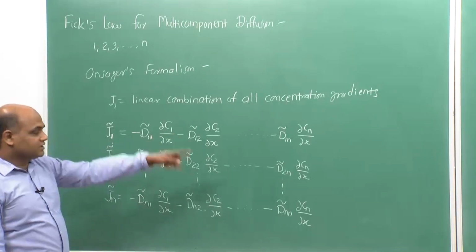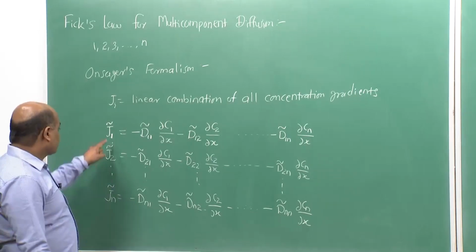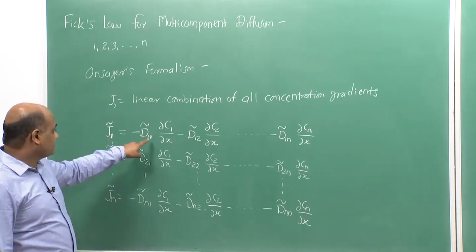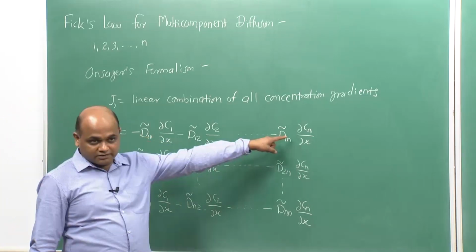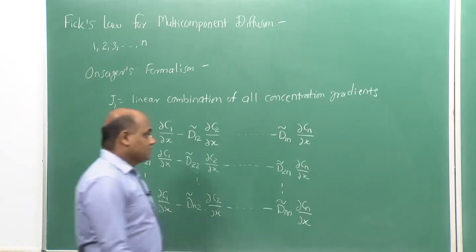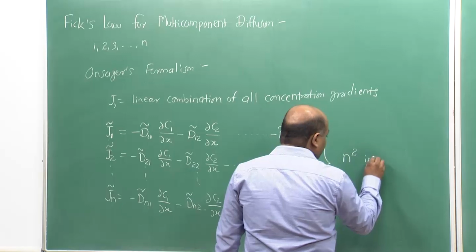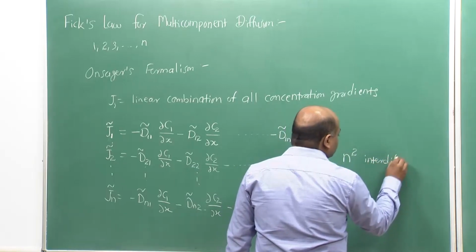So, how many coefficients do we have? For each flux we have 1, 2, 3, up to n terms, and there are n such fluxes. So, n times n, a total of n square. These are called interdiffusion coefficients.